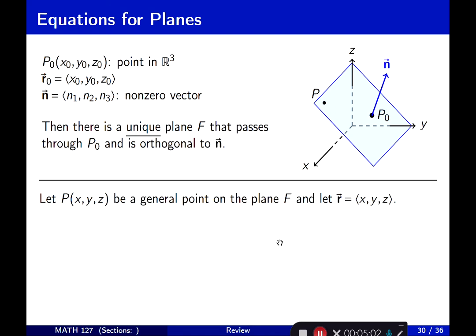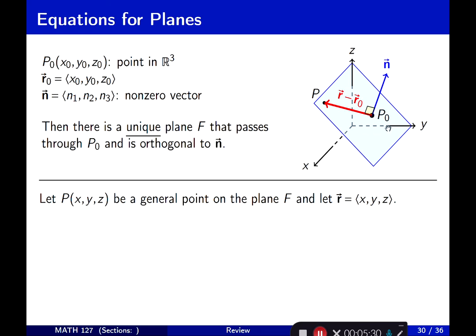And so that's the point. Now connect P and P0 to form the vector P0P. That is the position vector of P minus the position vector of P0, as we know from the past.